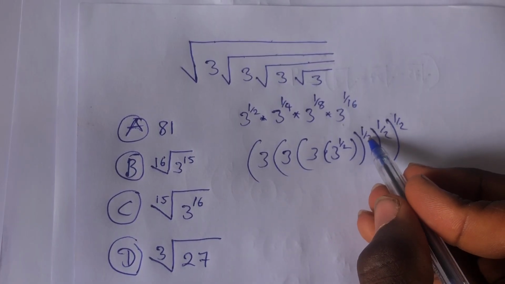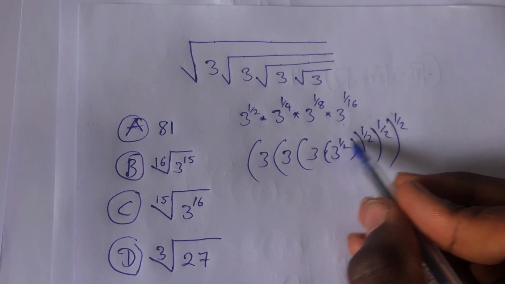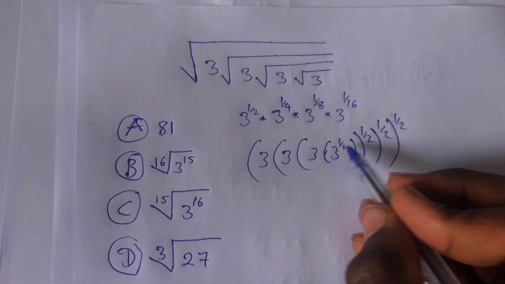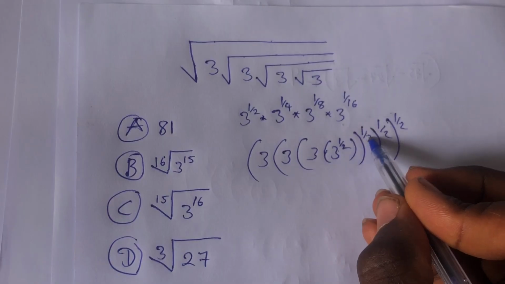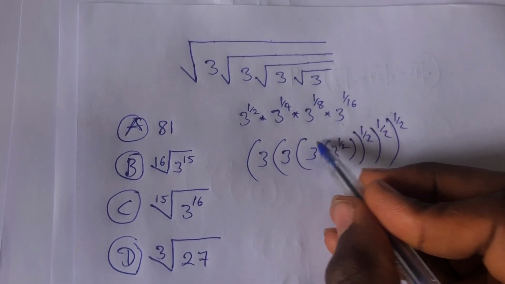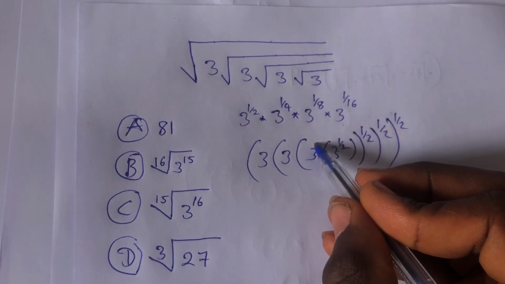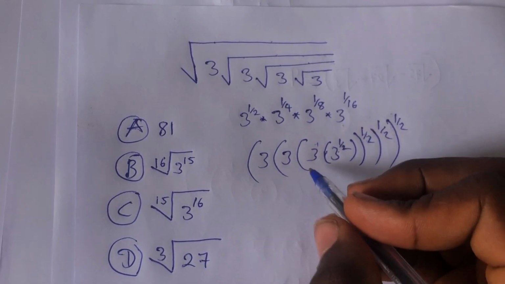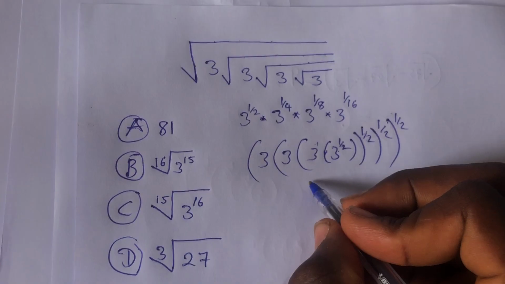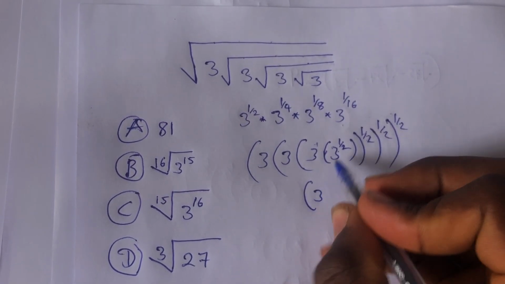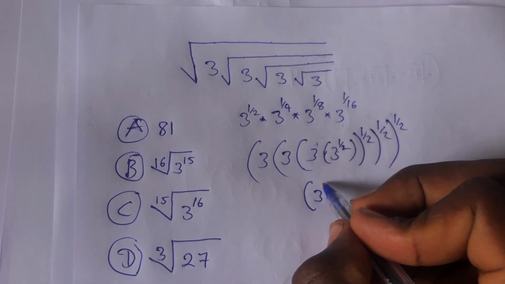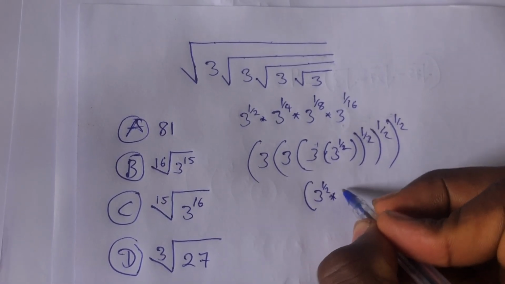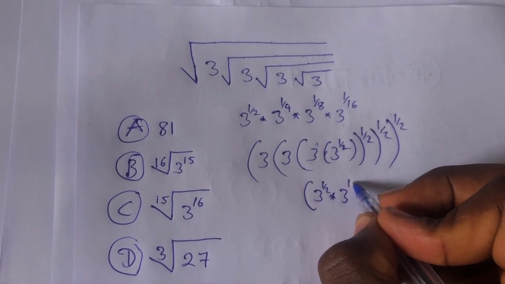So since these two are sharing this power, we can multiply this power with this power, and because this 3 is raised to power 1, we can multiply this 1 with this power here also. Then from inside, we get 3 raised to power, this times this is 1 over 2, and this times this will be what? 1 over 4.